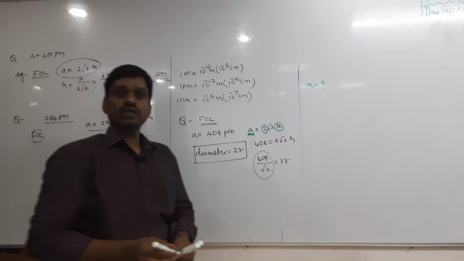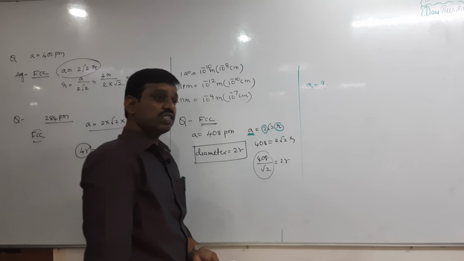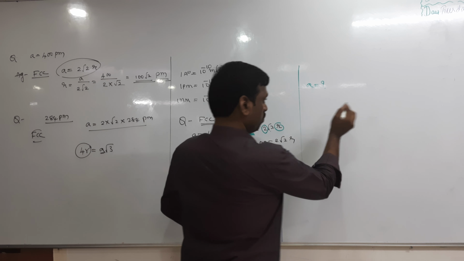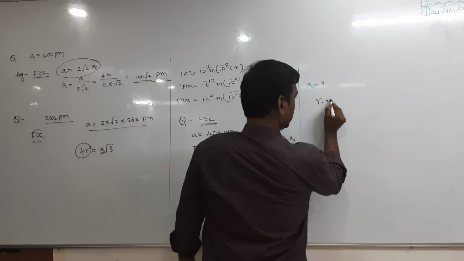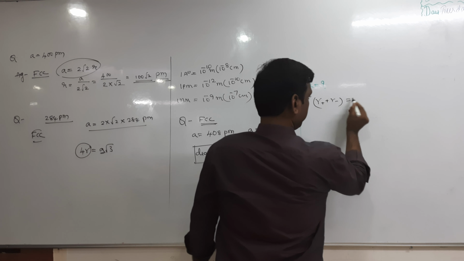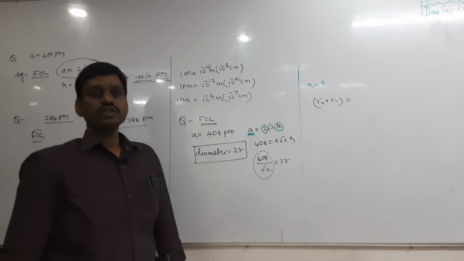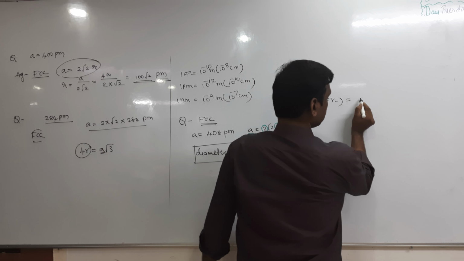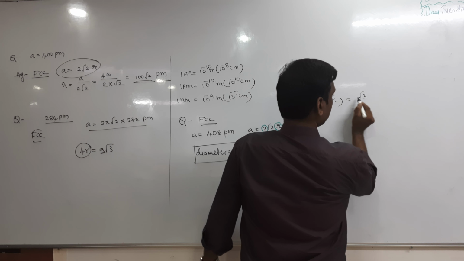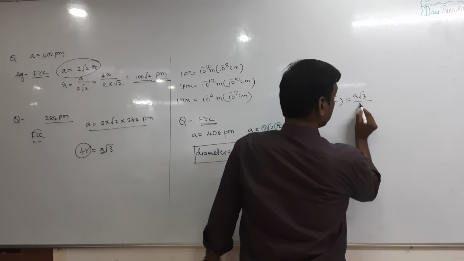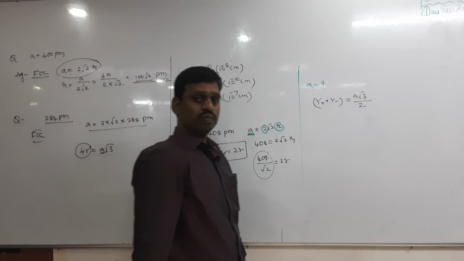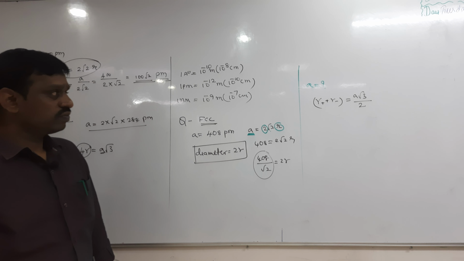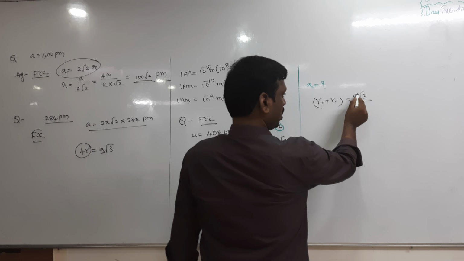So here it is given the distance of closest approach, what is this? Very good, internuclear distance. So here they have given R plus plus R minus. In which type of crystal system is it? BCC. In BCC, R plus plus R minus equal to A into root 3 by 2. So you should calculate A value.